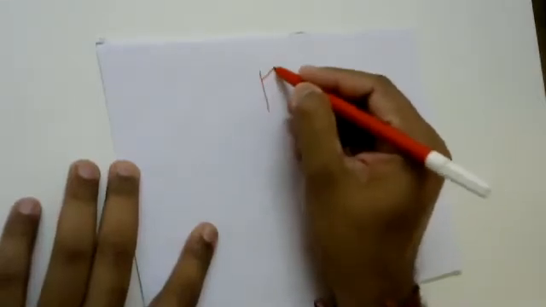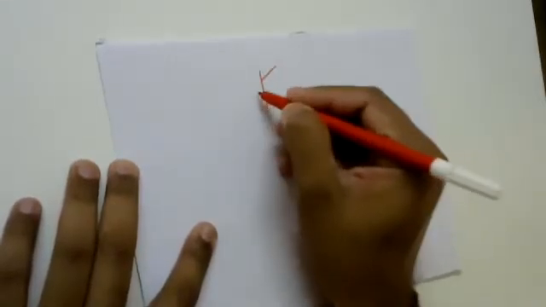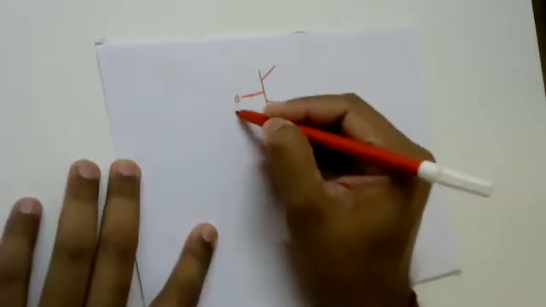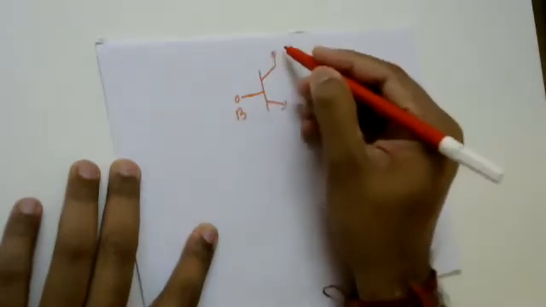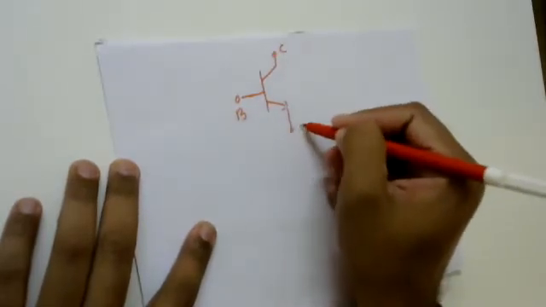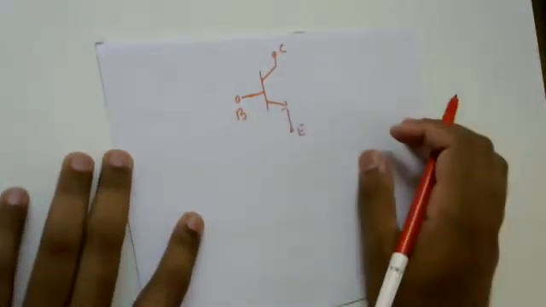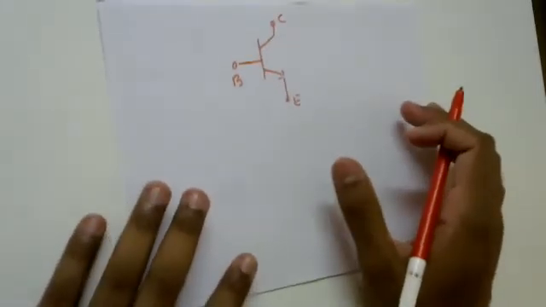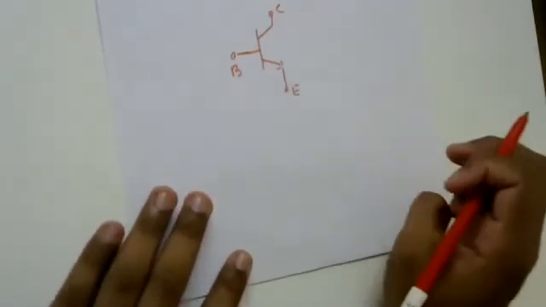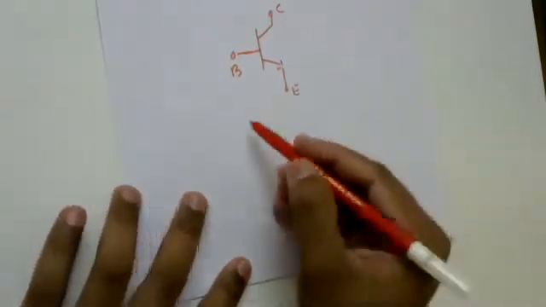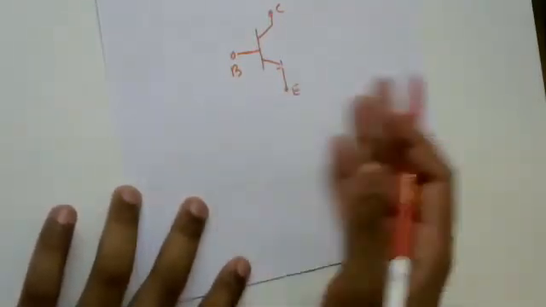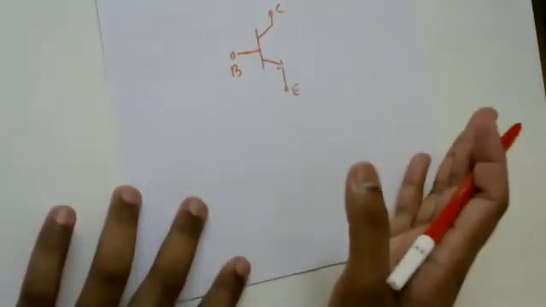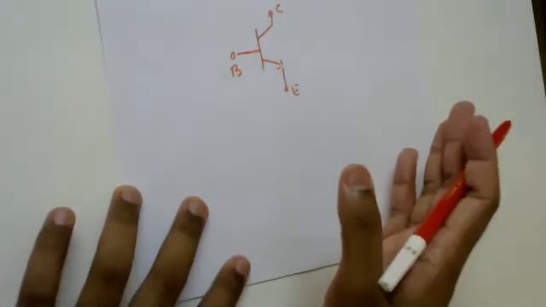Our transistor, which is symbolically represented like this, has three terminals: base, collector, and emitter. I can define it in a simplified model like this, wherein my emitter has to be common, because it's a common emitter configuration.